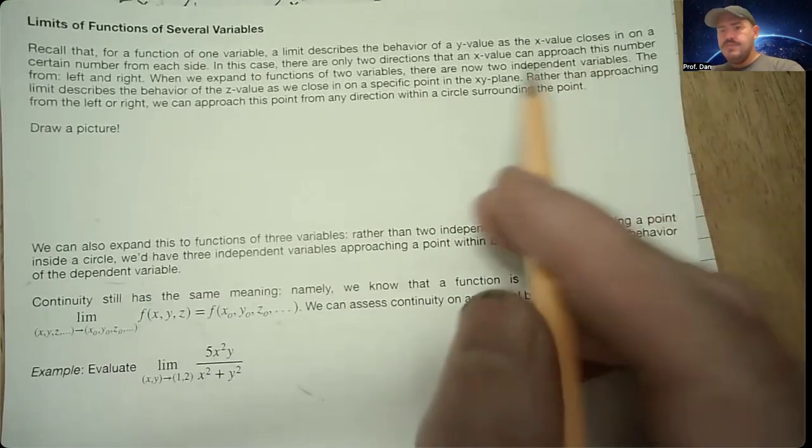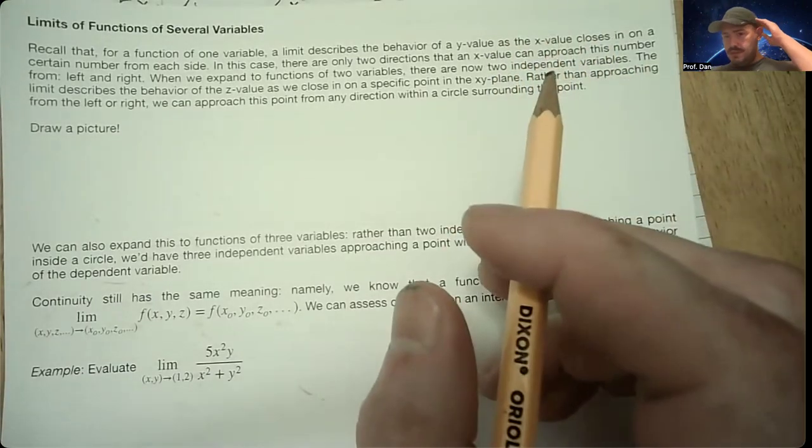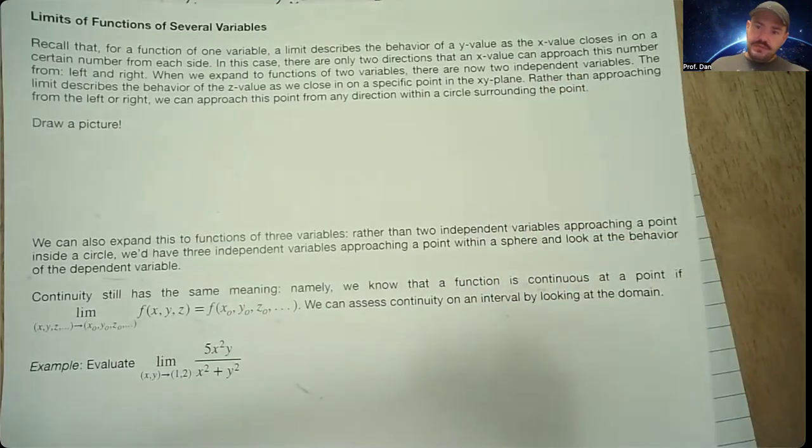So first, I want to remind you of how limits are defined in just one variable. Back in Calculus 1, you learned that a limit is essentially what the y coordinate is approaching as the x coordinate gets closer and closer to some number from both sides.